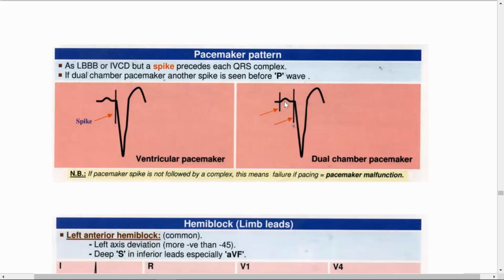The advantage of the dual is that it will preserve the atrial kick, the synchronization between the atrium and the ventricle, if the patient complained of pacemaker syndrome. What's the pacemaker syndrome? In VVI there is dissociation.